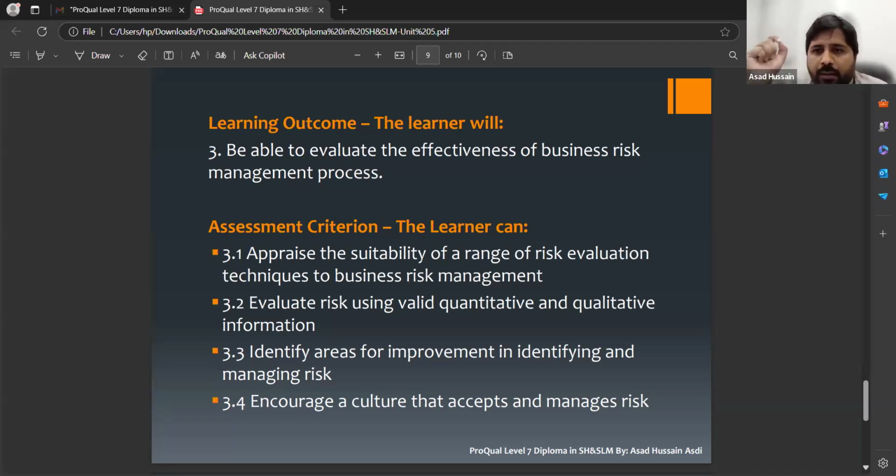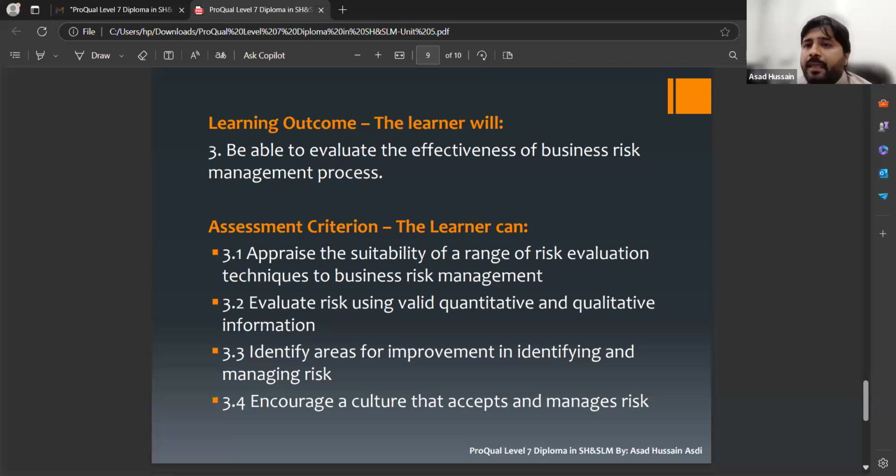So moving on, what was implemented, what was developed, what was understood. For the evaluation of this understanding, for evaluation of that implementation, for that risk evaluation, they should have quantitative and qualitative information.